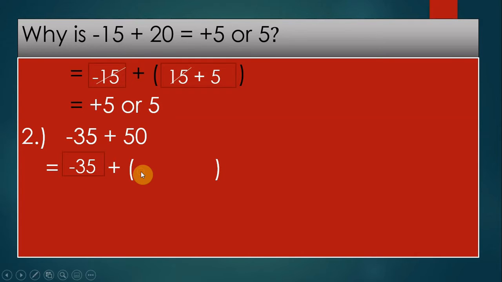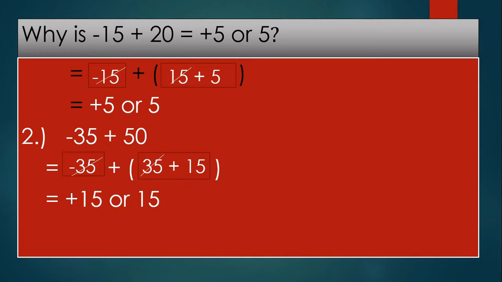The answer is positive 35. So 50 will be broken out into 35 plus 15. Then we have the two opposites, negative 35 and positive 35. Cancel the negative 35 and positive 35. The remaining number now is positive 15. So our answer is positive 15.